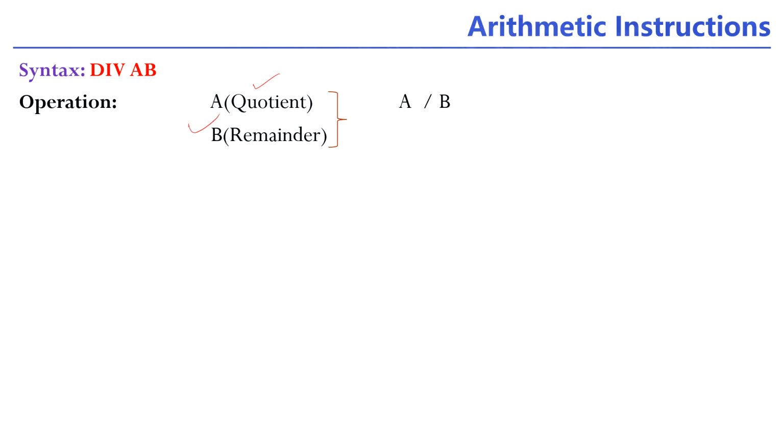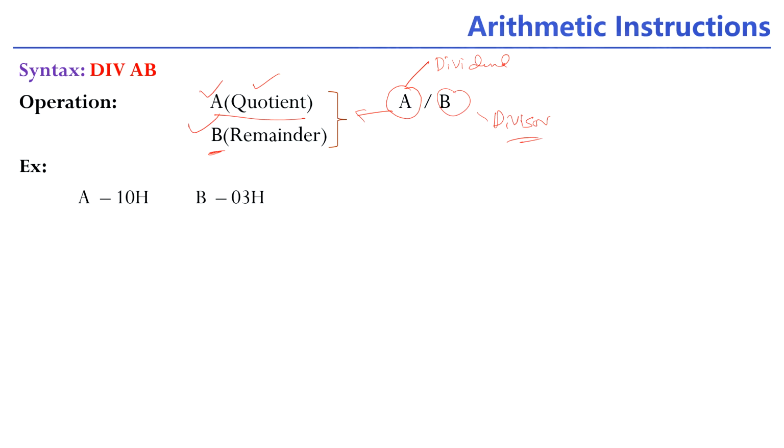And one more important thing we need to remember here: before execution of this DIV AB instruction, the A register should have the dividend, the B register should have the divisor, and after execution, the quotient will be placed in the A register and the remainder is placed in the B register.